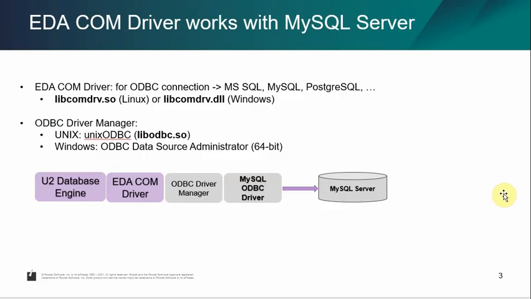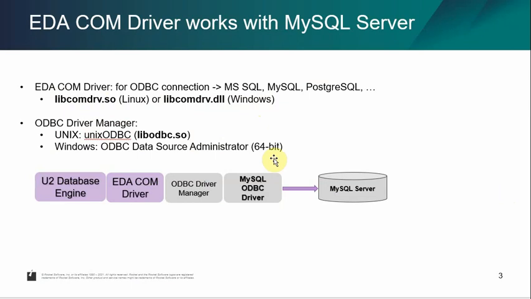So how do you work in a Windows environment? Basically, Windows has one called libconf drv dir. On Unix, there is a similar driver called libconf driver.so. For the Windows environment, the ODBC driver comes from the Microsoft ODBC Administrator.